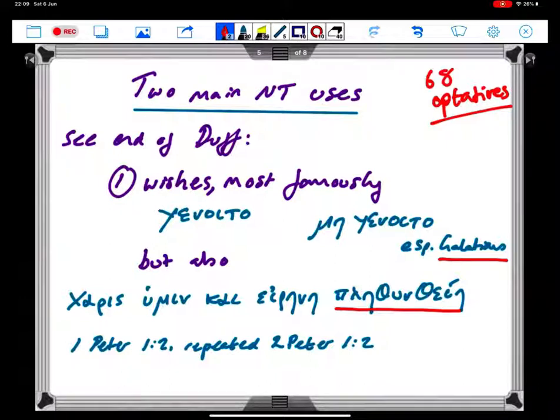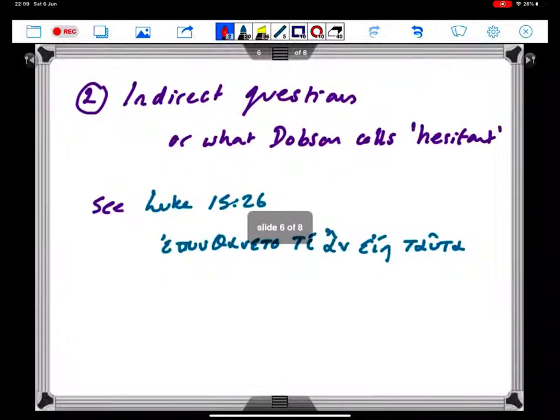There are plenty of good formulae for doing this, but it just nuances it and sets a linguistic register for the text right at the opening. So your first and probably most frequent use is going to be in phrases like genoito, me genoito, may it happen, or may it not happen, to give some kind of wish.